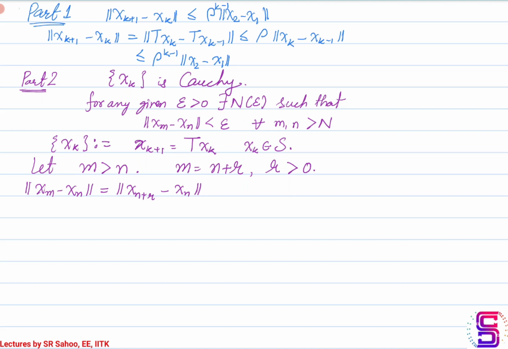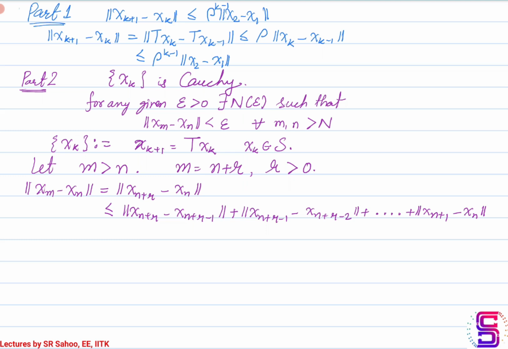By using the triangle inequality property of the norm, I can write this as less than or equal to norm of x_{n+r} minus x_{n+r-1}, plus norm of x_{n+r-1} minus x_{n+r-2}, and we keep on doing this till we have x_{n+1} minus x_n norm.